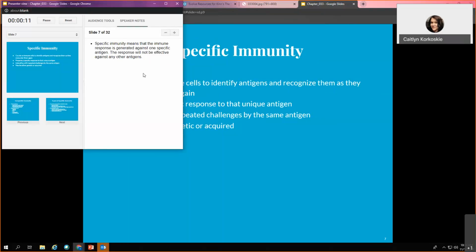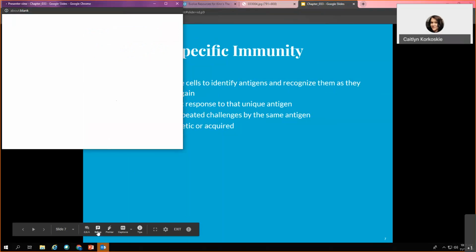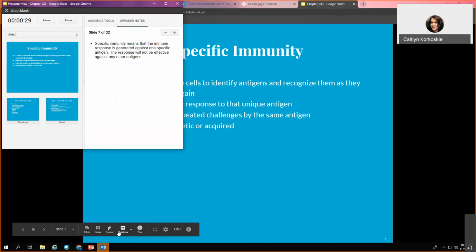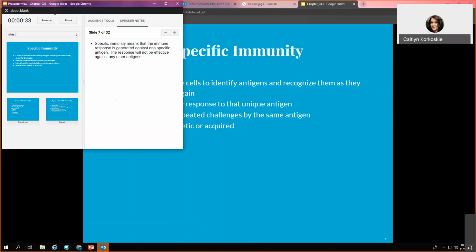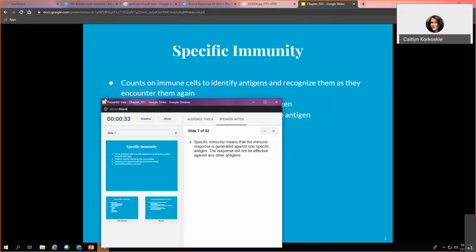All right, I'm betting that this kind of blocks your view. Can you see this big box here that shows the notes and everything? Oh, shoot. How do I make this smaller? Hold on, sorry. Oh, there we go. Okay.